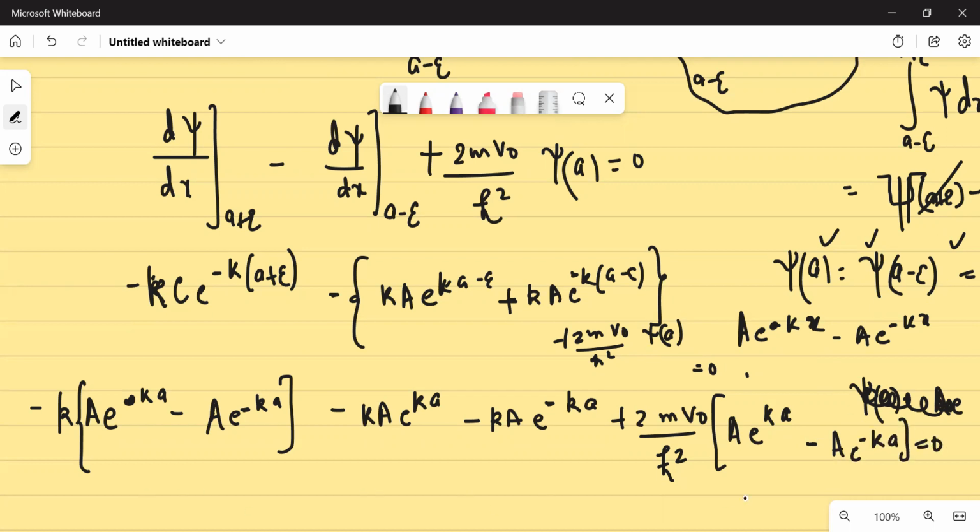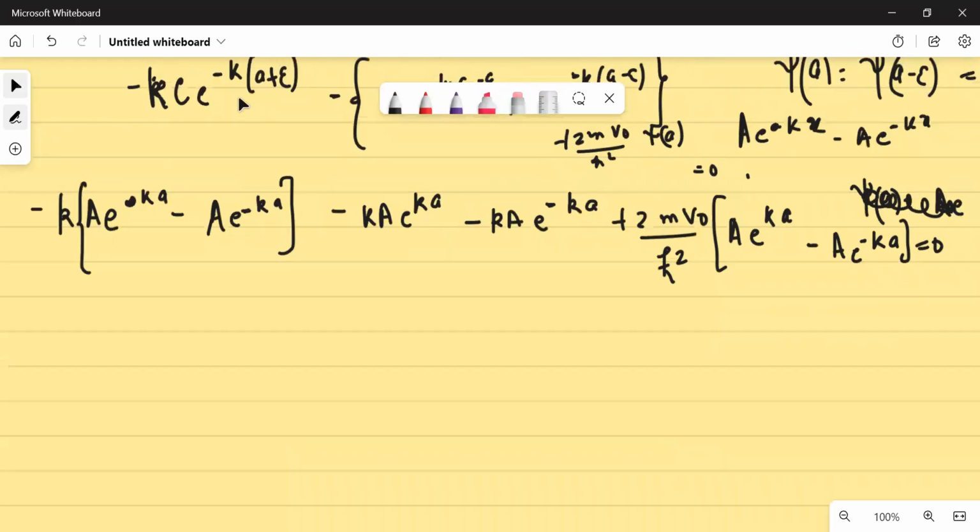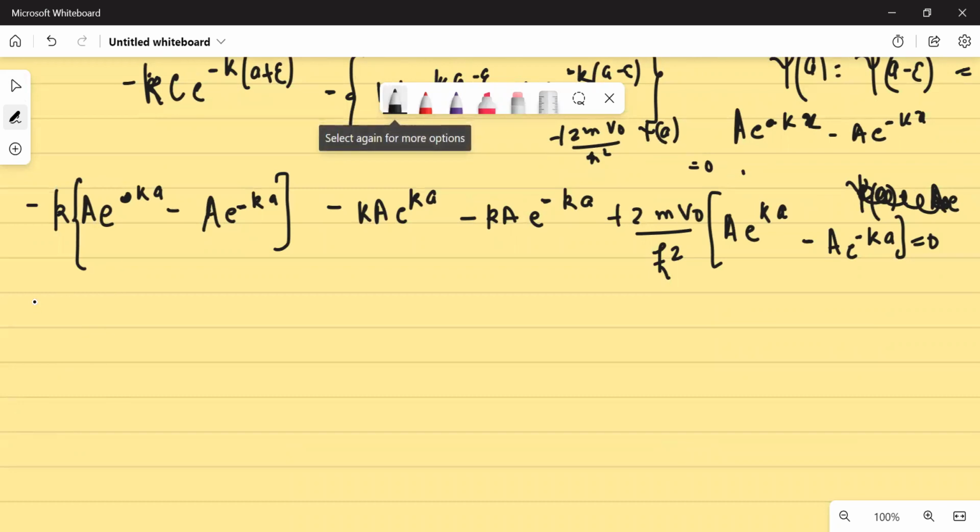Okay, so overall, this is a long expression. Now let us solve this particular expression. So what we'll get is minus ka e to the power ka. This is not negative here, and I think these two terms will remain, and this term minus plus, and this is again minus.